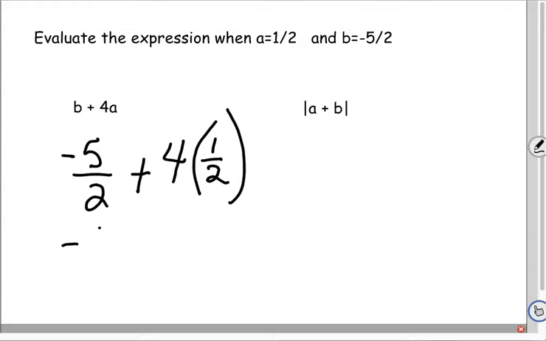When I go to solve, I have negative 5/2 plus, well, what is 4 times 1/2? 2. It is 2, or I could have said 4/2. If I wanted to, couldn't I? Negative 5 halves plus 4 halves equals.